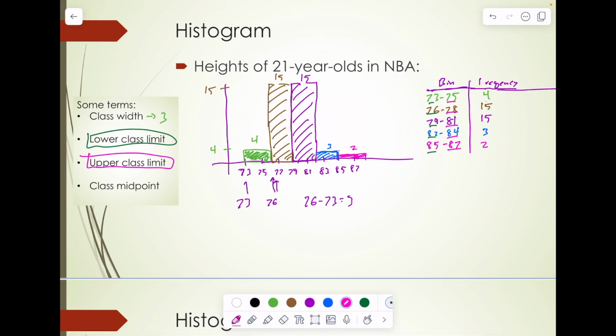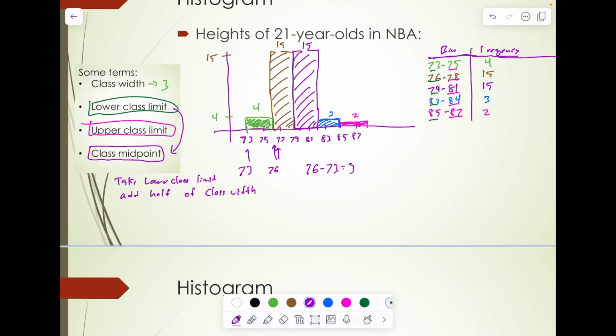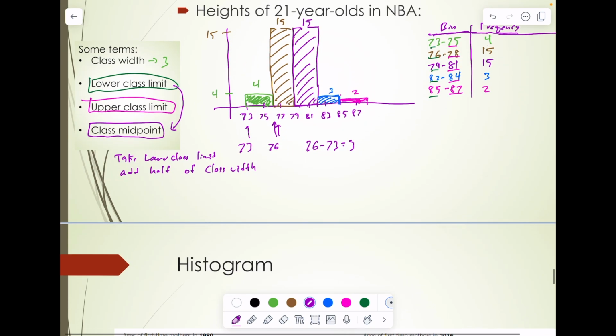For the midpoint, what you're going to do is take the lower class limit and add half the class width. So the class midpoint for the first class, which is from 73 to 75, is going to be 73 plus 1.5, which gives me 74.5, which is halfway between where that class began and exactly where the other class began.